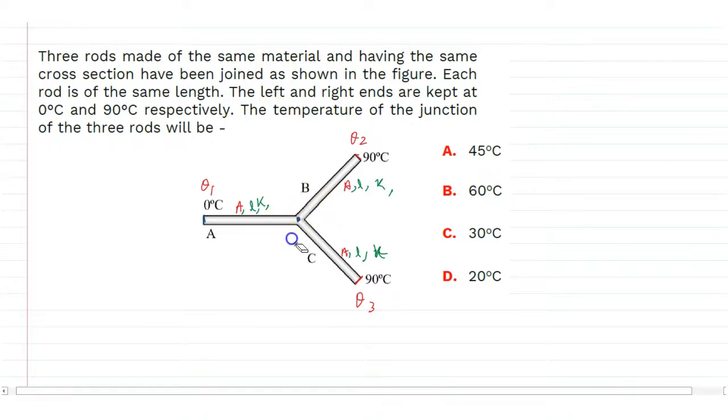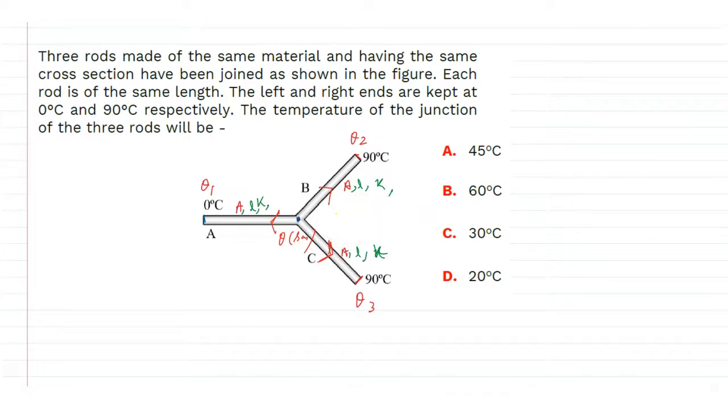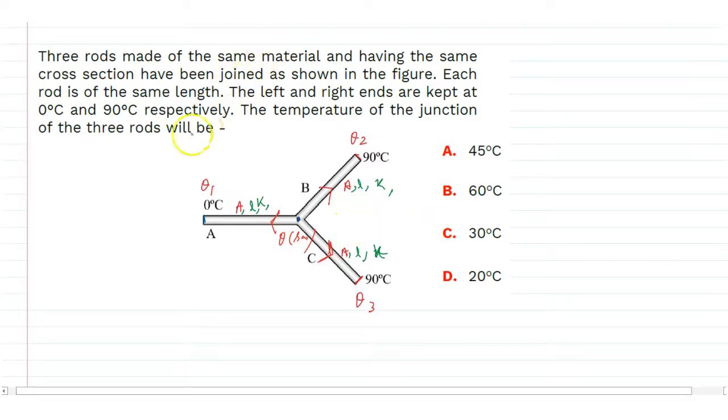Just take the temperature at the junction as theta, say, and assume all the current is going out from the junction. The total current going out from the junction will be 0, because some amount of current is coming in and some amount is going out.